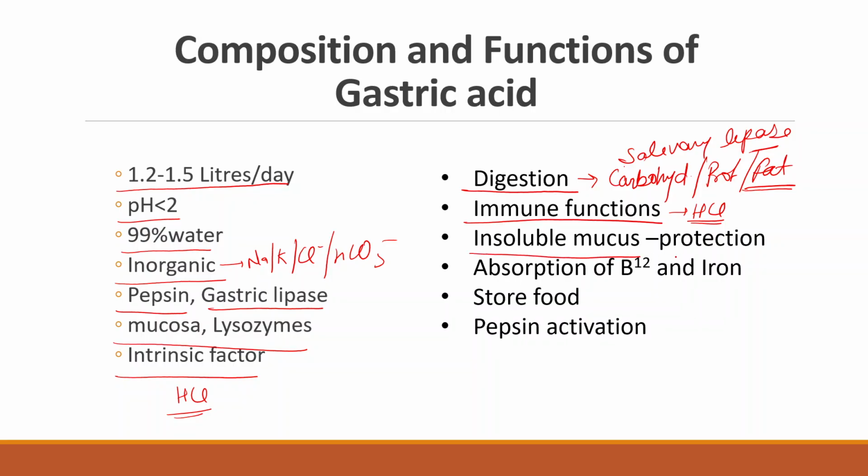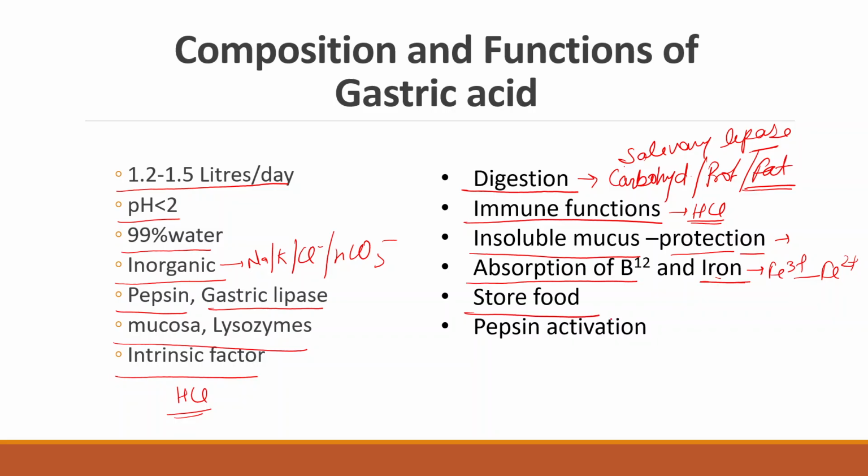Insoluble mucus is formed, which helps in protection of all epithelial cells from the HCl. Then it secretes intrinsic factor, so it is helping B12 absorption. It also converts the iron from ferric to ferrous form, which is very important. So in presence of HCl, the Fe3 positive is converted to Fe2 positive, which is needed for the absorption of iron.